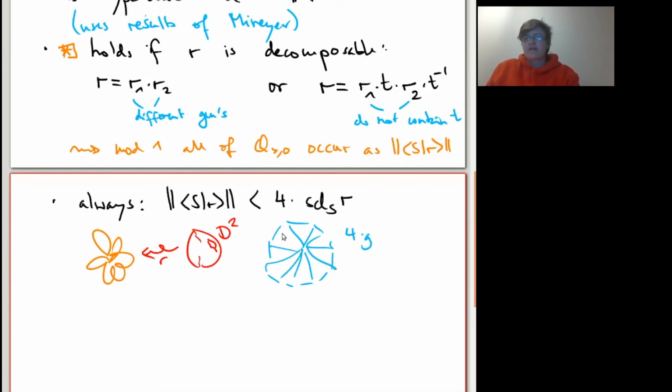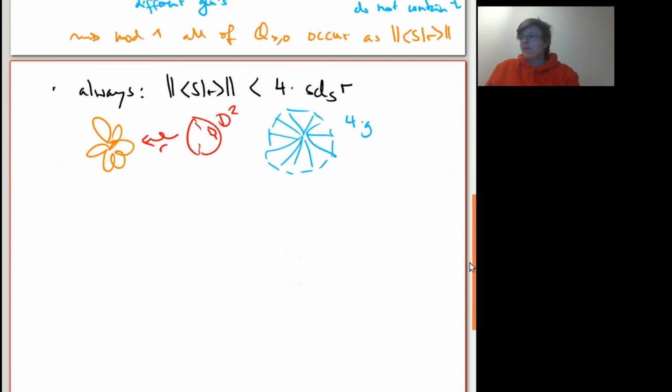And you just need 4g simplices. So this roughly gives the proof, and that only proves that this is at most 4 times stable commutator length, and then you can fiddle around a bit and you get strict inequality. Okay, so we always have this, and from there one can do the next step.